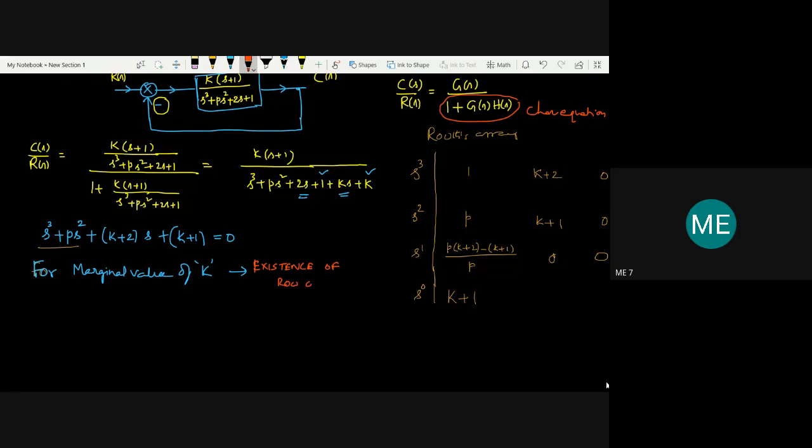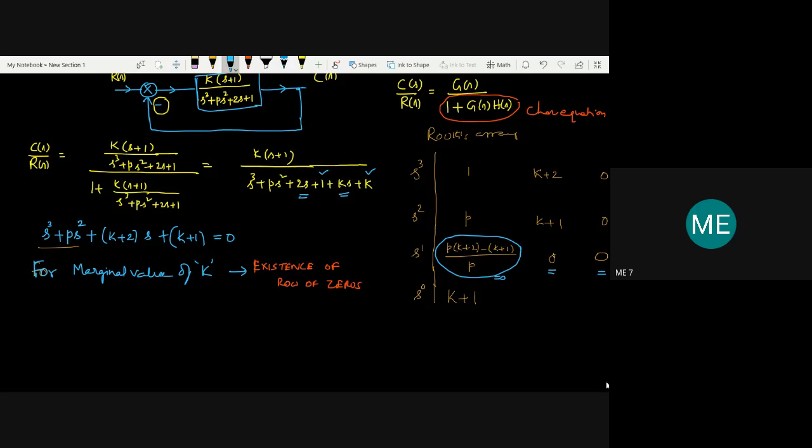So here, if I make this one equal to 0, what will happen? This is 0, and this is also 0, and this is also 0. So it will become a row of zeros.